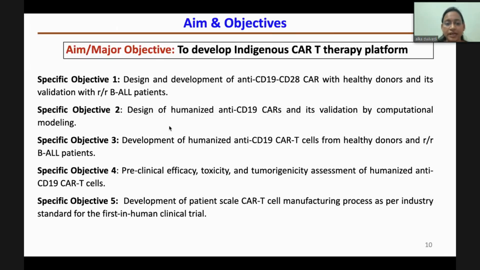After that, design of a humanized CAR and its validation by computational modeling, as well as validation in relapsed and refractory B-ALL patients. Then preclinical efficacy, toxicity, and tumorigenicity. After this preclinical validation, the next objective was to develop patient-scale CAR-T cell manufacturing to reach the clinic for first-in-human clinical trial as per industry standard. So I will go through each objective one by one.